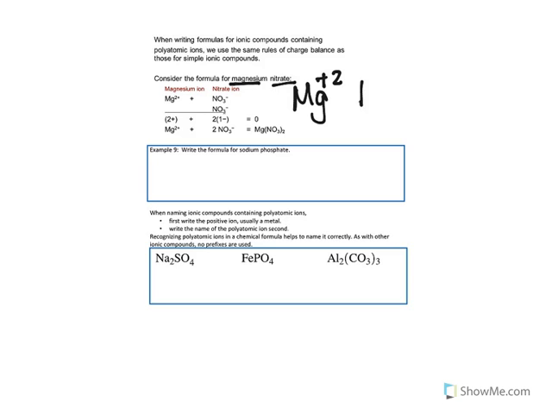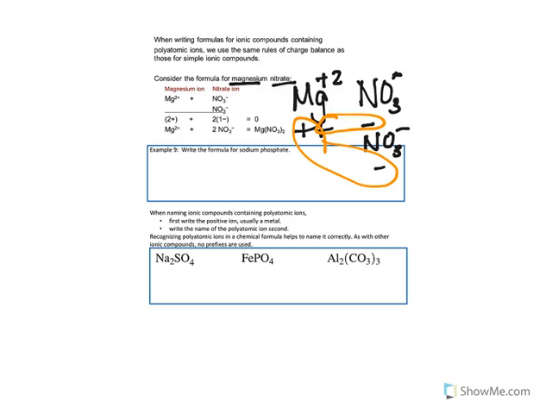Nitrate, as we just learned a few minutes ago, is NO3 with a charge of -1. At the moment, we have 2 pluses on our magnesium, 1 negative on our nitrate. We need these to balance out, but we're not balanced yet. So what do we do? Just like in previous examples, we must add another nitrate with another -1 charge. Now my charges are balanced out: 1 magnesium to 2 nitrates.